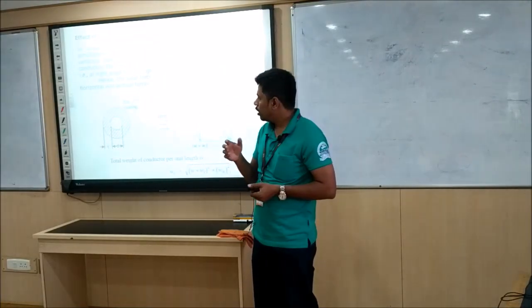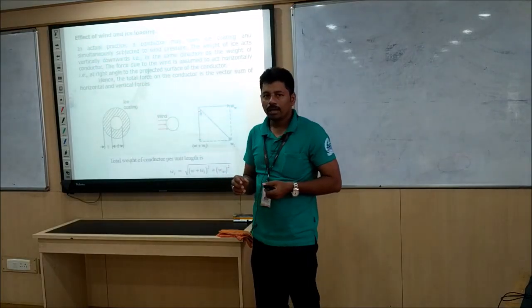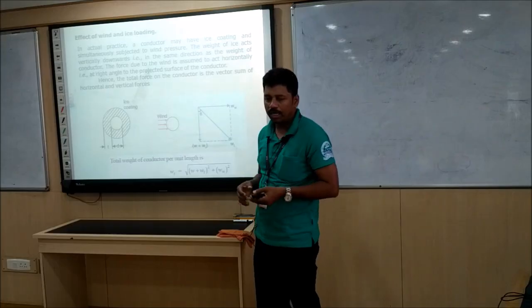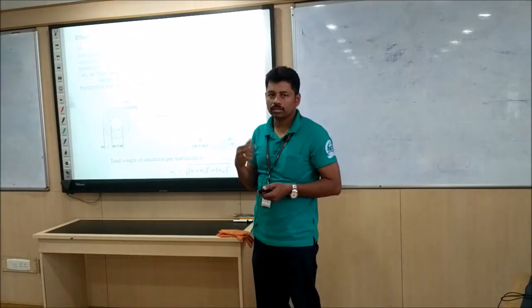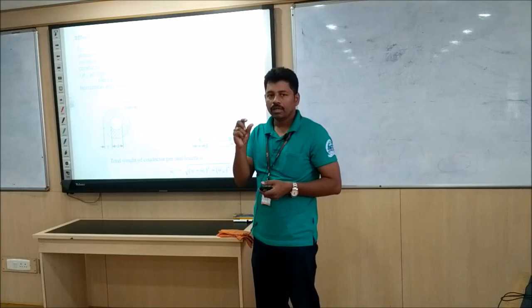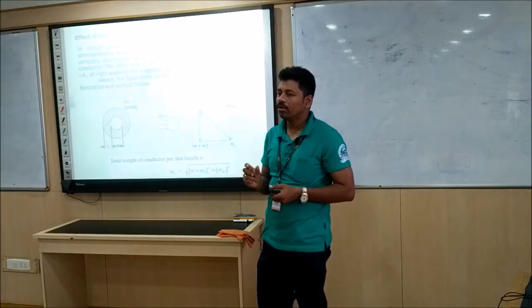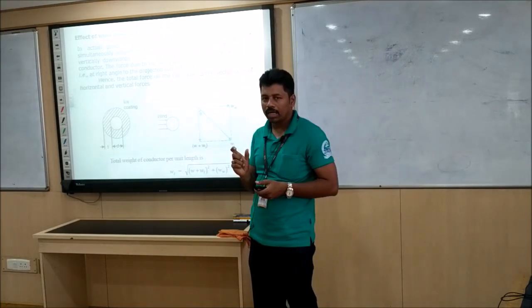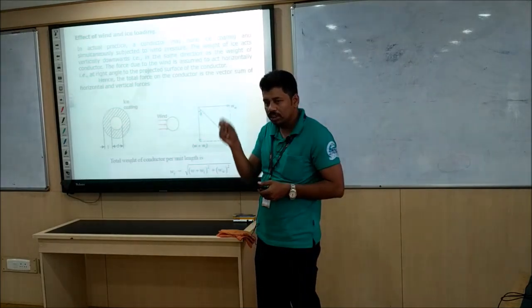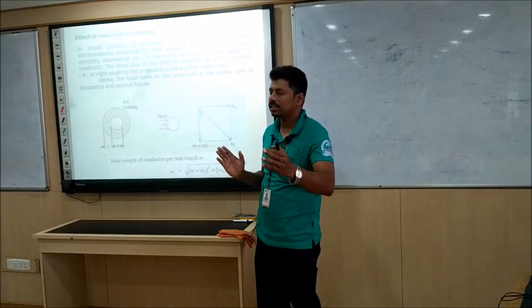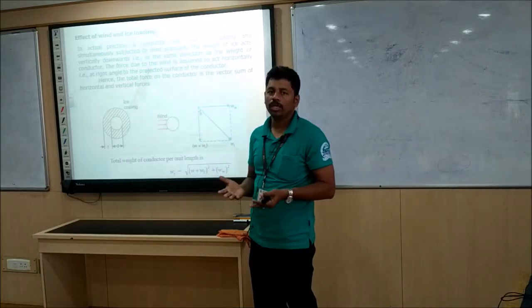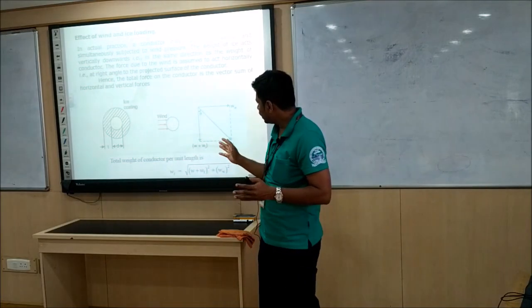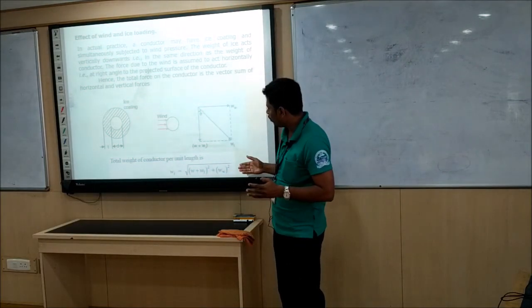There are some cases, even in western countries or in the northern part of our country, where there is ice coating over the transmission line, so that the total weight will increase. See the diagram: D is the diameter of the conductor, T is the thickness of the ice which is formed, so that the effective diameter is increased to D plus 2T. And the entire area is subjected to wind force. So if that is the case, once again your formula is getting modified slightly.